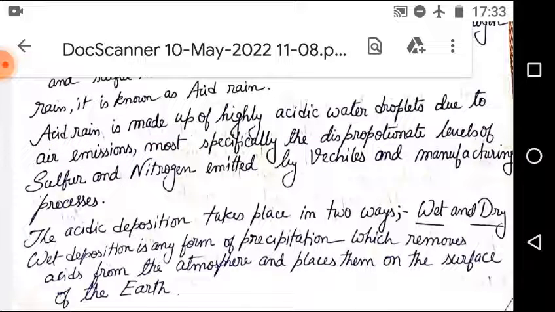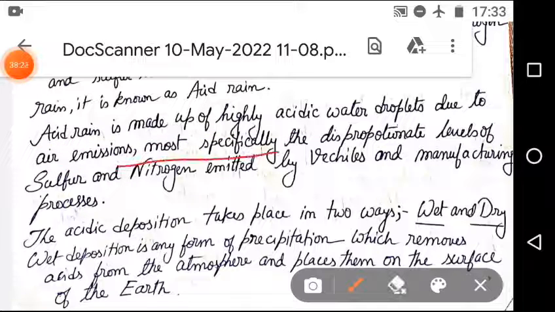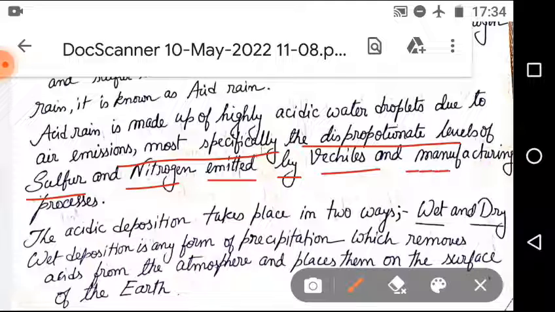This happens most specifically because of disproportionate levels of sulfur and nitrogen emitted by vehicles and manufacturing processes. The oxides of sulfur and nitrogen released from vehicles and industries combine with the oxygen in the atmosphere and with water particles to form acid.